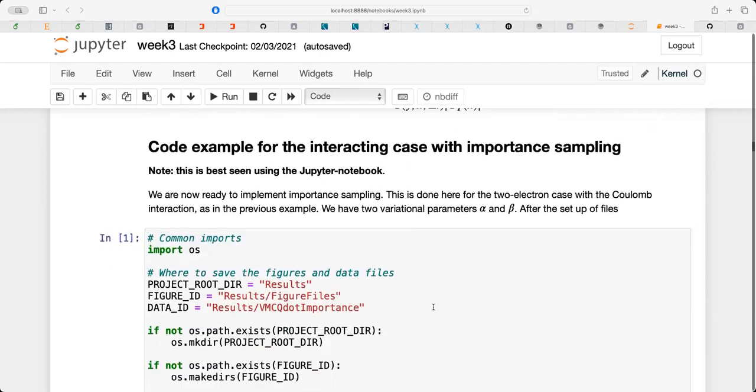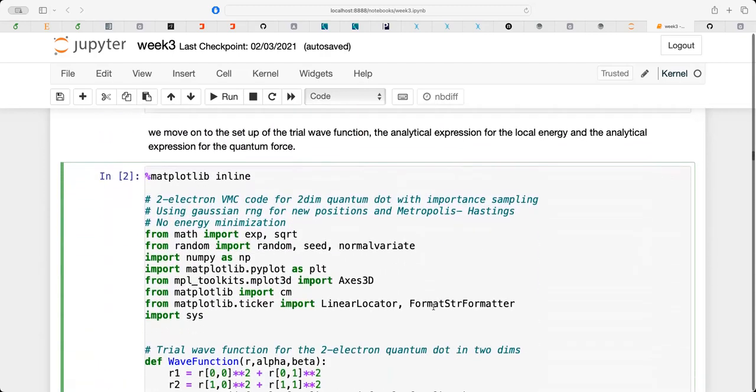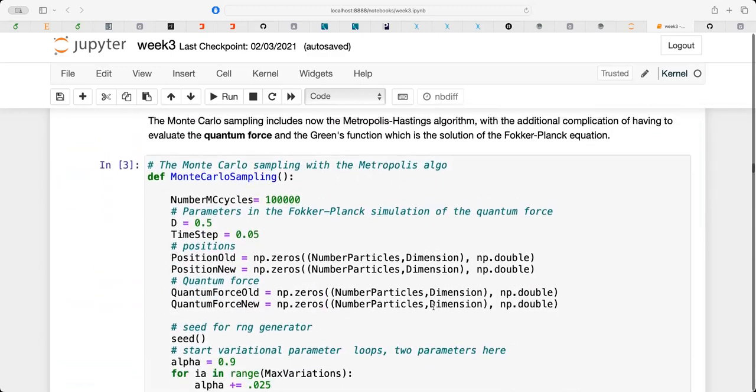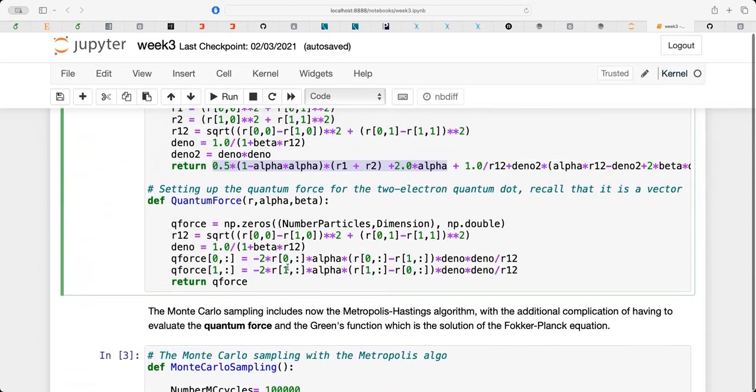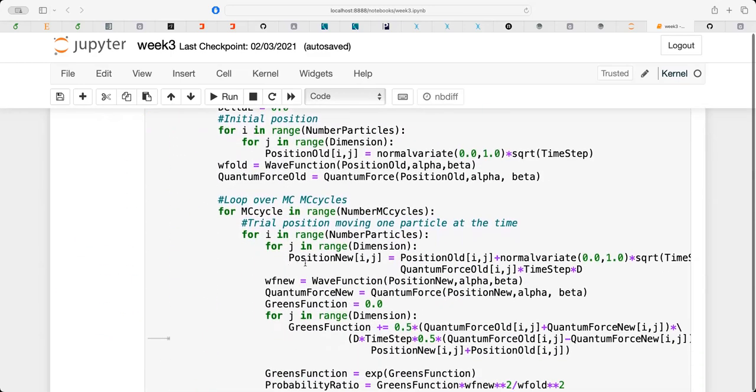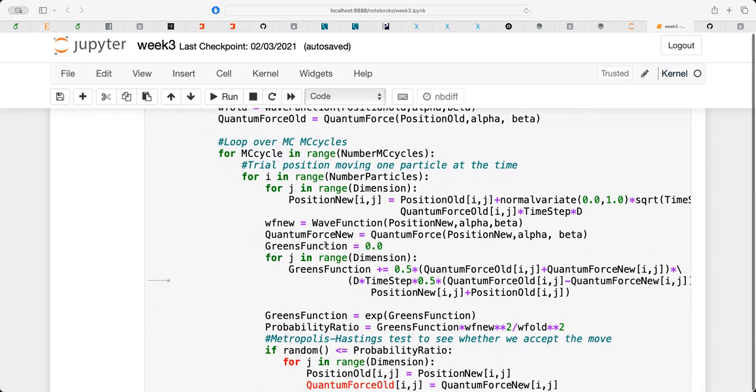The program which I have here, just take a look at it, we will come back to this next week as well. This is now a program where I calculate this quantum force using the equation which you saw. And then in my ratio now, in the Metropolis test, I'm actually calculating the quantum force in the old position, as you see here, and the quantum force in the new position. And then you can see now that the Green's function is a ratio between exponentials.